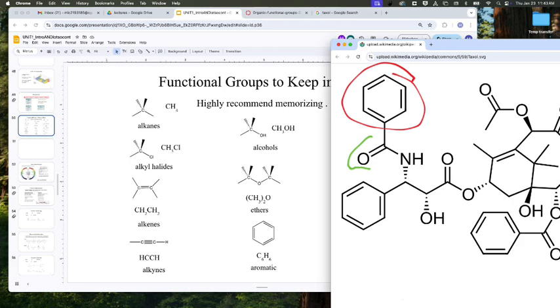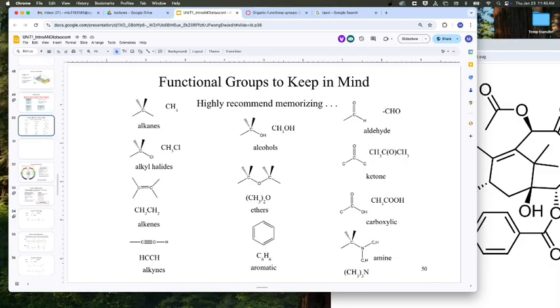I have an oxygen double bonded to a carbon. Yes, I do have that. Is that a functional group on its own? To answer that question, we could go back to this thing and say, do I see just a carbon double bonded to an oxygen in any of these choices?